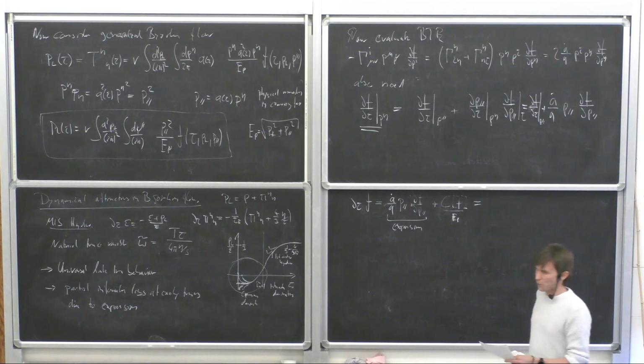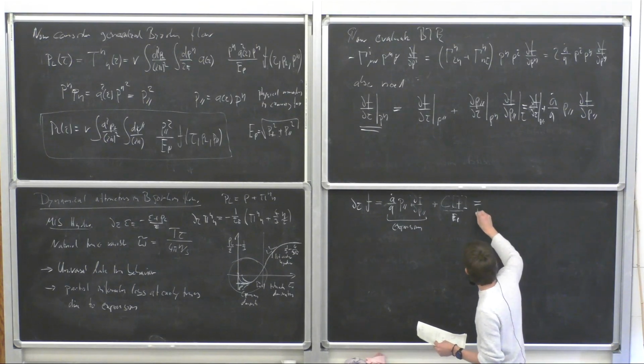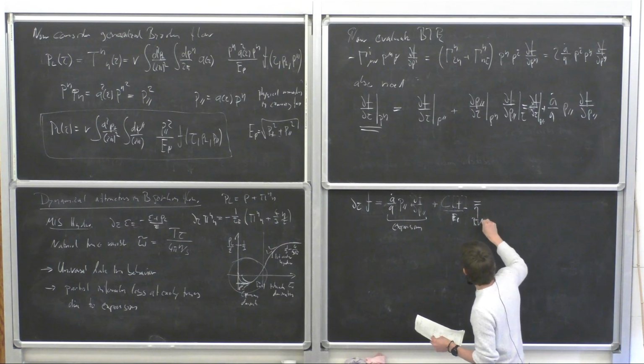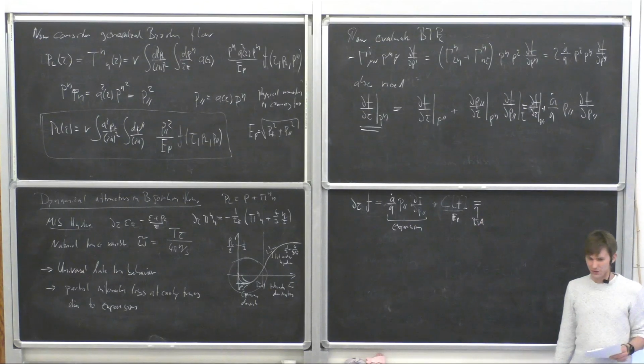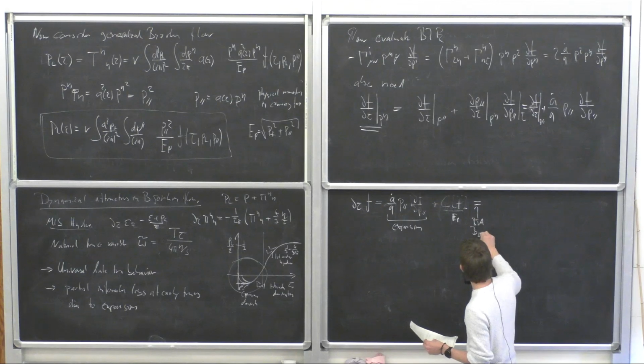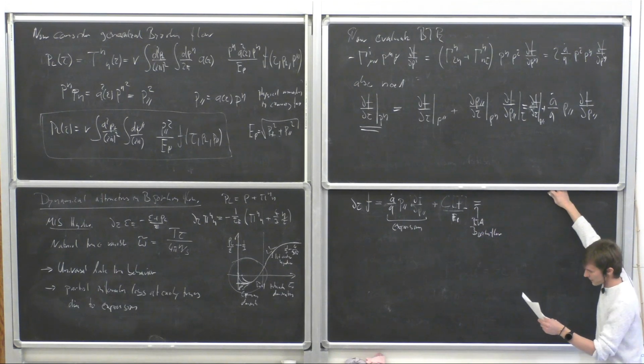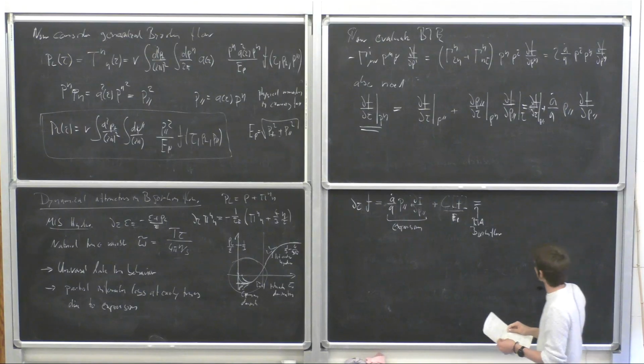So now we can make this more concrete. If we stick in the collision integral for RTA, and we adapt this situation to Bjorken flow, what do we get?